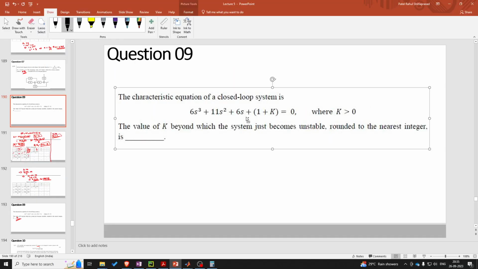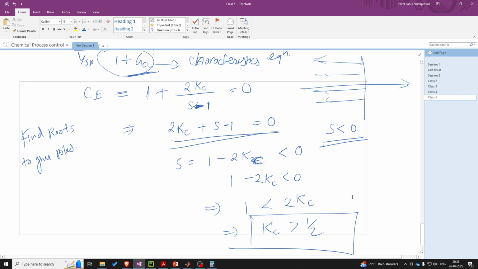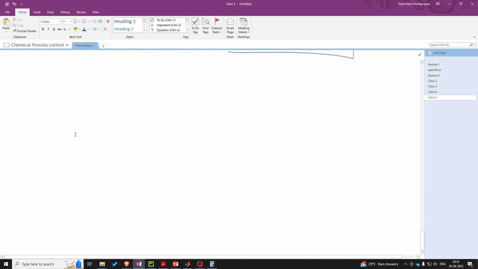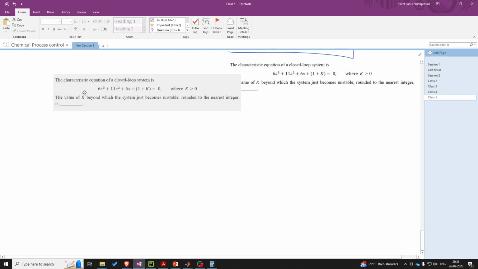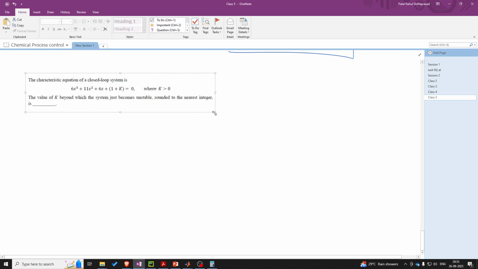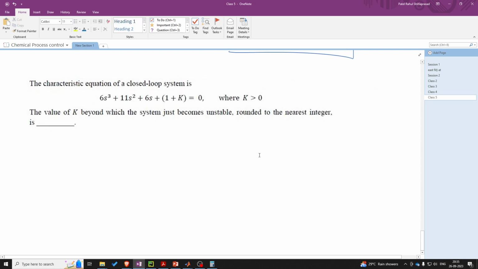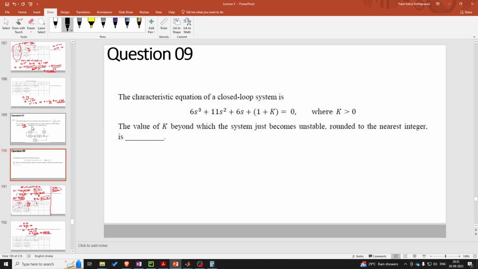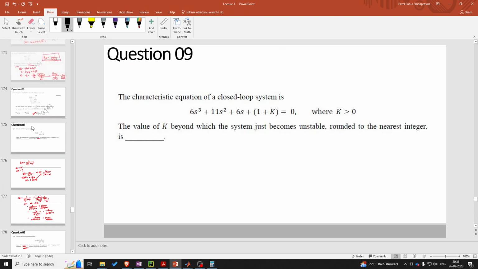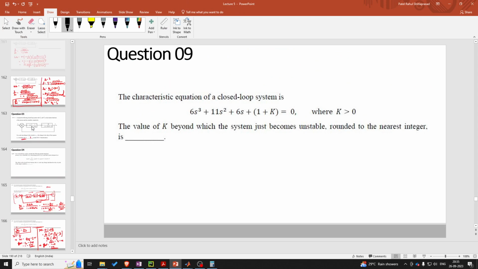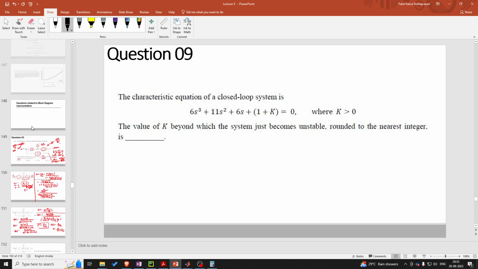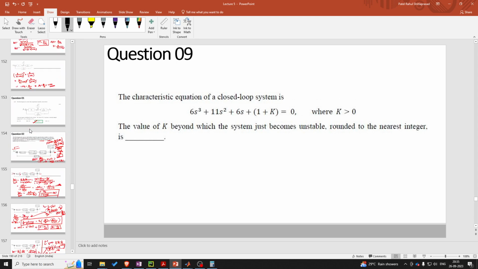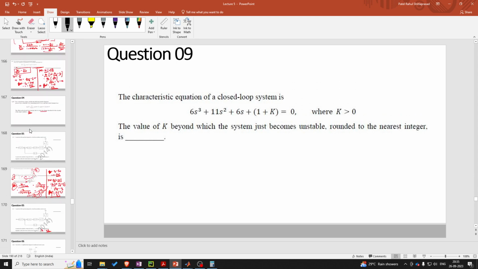So I'll just copy paste the question. In this question, you will be requiring the root array. So I am straight away providing that also. But you need to remember the root array for your exam purposes, and it is fairly straightforward to remember also.